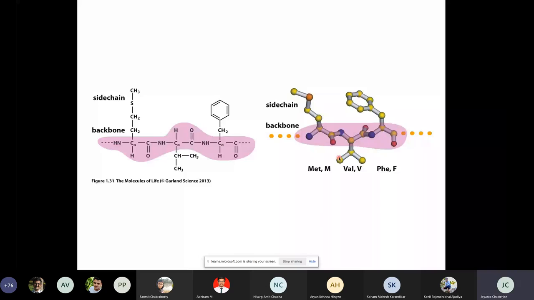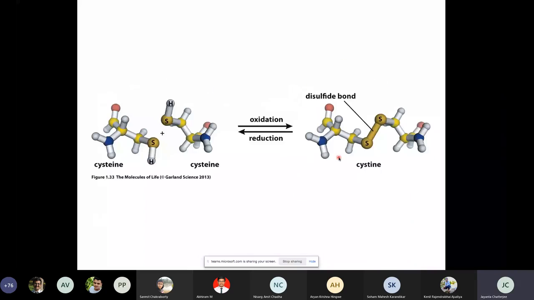Alrighty. Now we'll talk about another amino acid which is very unusual in some properties compared to any others. The cysteine. Cysteine is a polar amino acid which has a sulfhydryl group in the side chain, SH. Now, 2 cysteines can engage in the formation of a disulfide bond through oxidation.